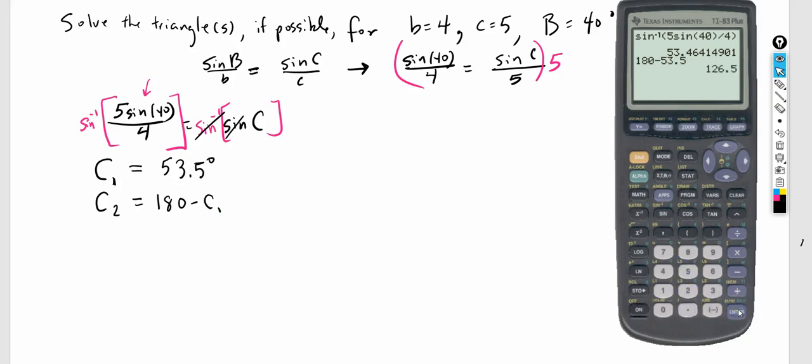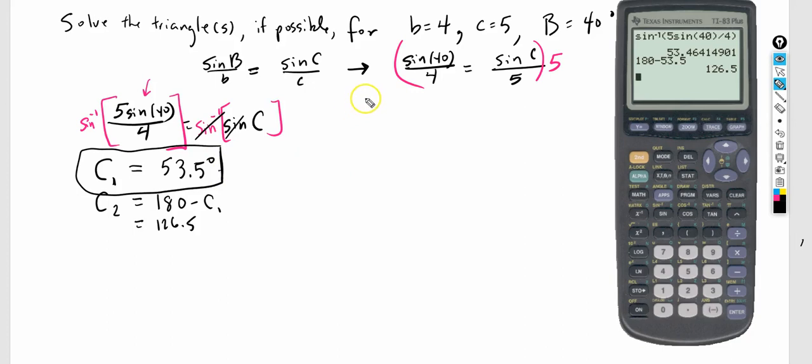So my second possibility is going to be 126.5 for my C2. Okay, so let's see what happens with our first possibility. So let's go with this one. So I'm definitely going to get at least one triangle.